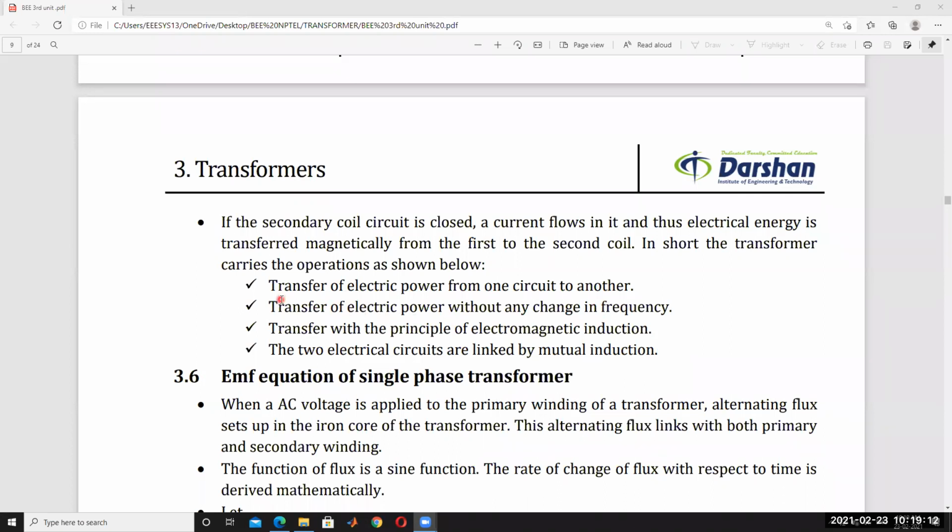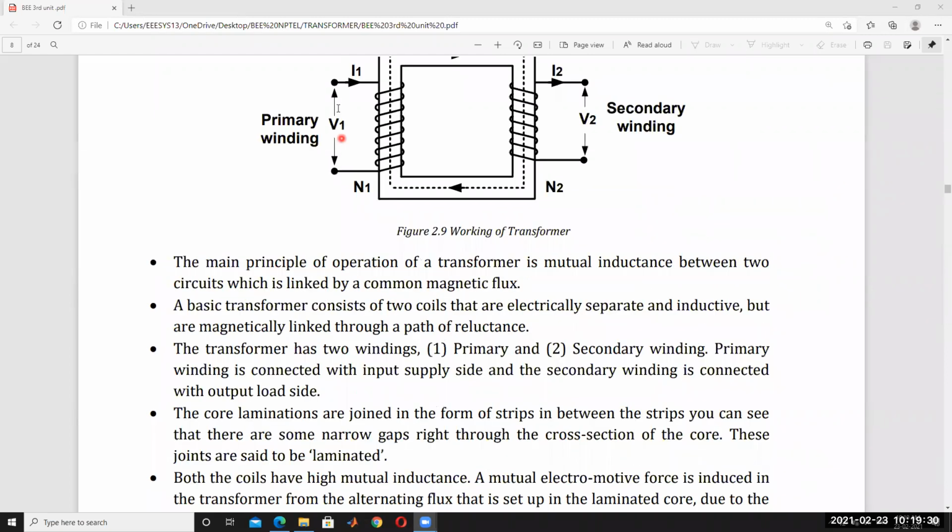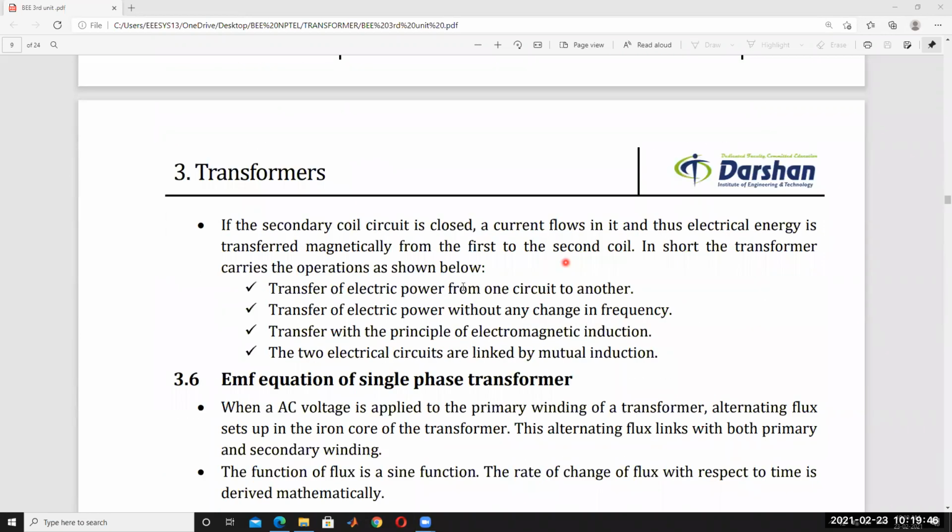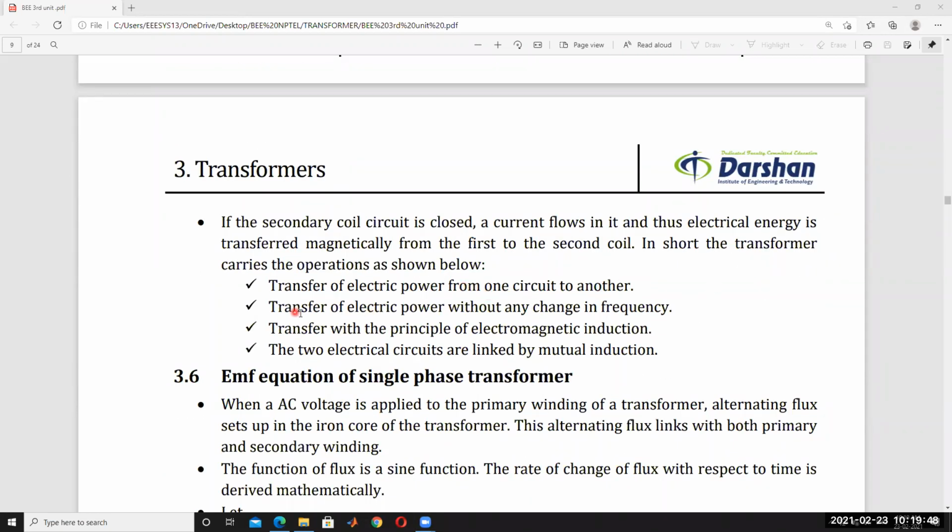Internally there is conversion, electrical to magnetic and magnetic to electrical, but externally the input is electrical and the output is electrical.